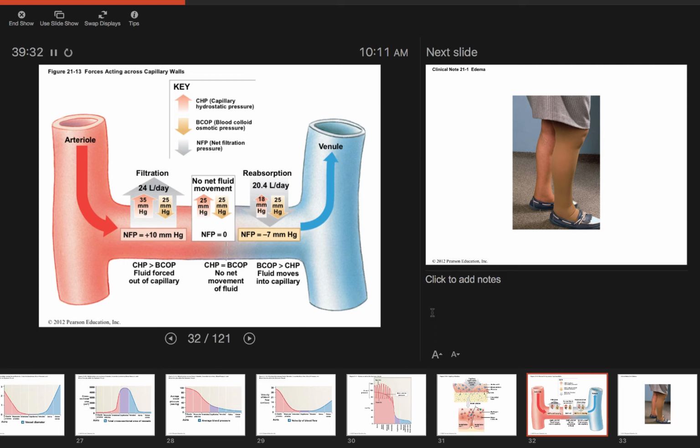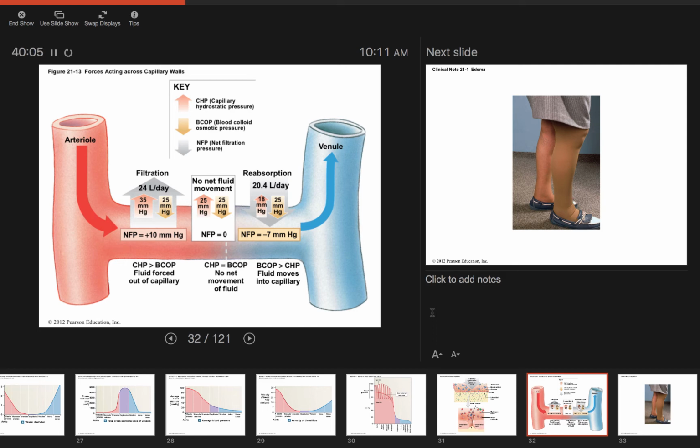Okay, so it pools. Then let's look at someone that has an eating disorder, and they're anorexic. They're not eating enough food. They're not getting enough proteins or nutrients. So their levels of plasma proteins are going to be decreased. What's that going to do to the fluid level in the capillaries?